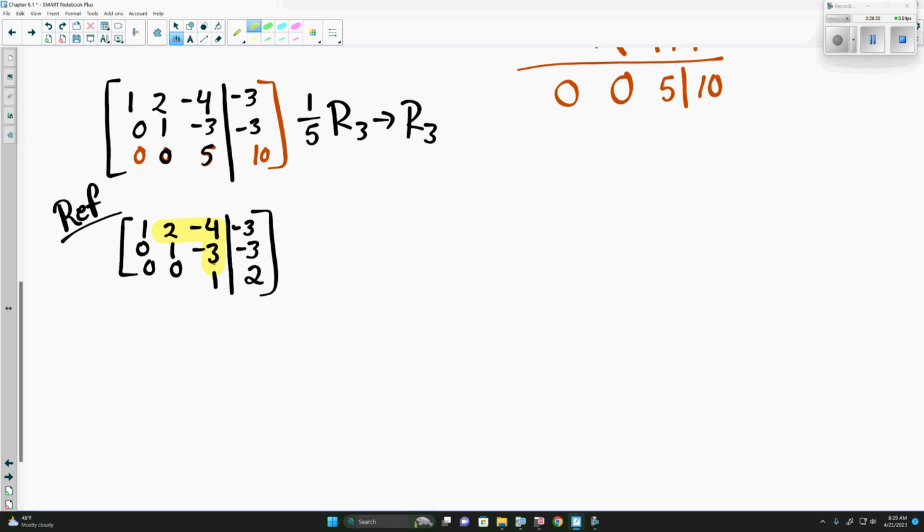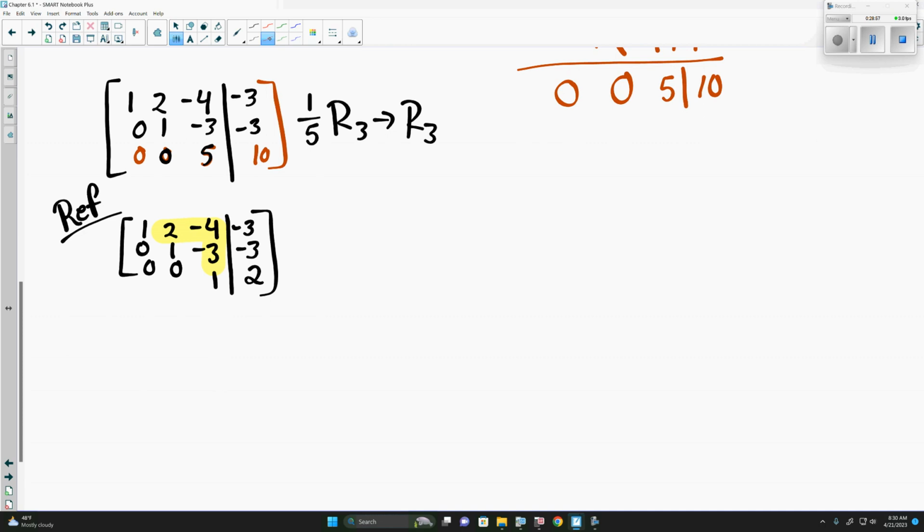So to make the second row's negative 3 be 0, I'd multiply row 3 by 3 and add it to row 2, which would give us a 0. Then I could do the same thing with row 1. I can multiply row 3 by 4, add it to row 1 to get the negative 4 to be 0. After doing that, I can take row 2, multiply by negative 2, add it to the first one to get it to be 0. We can keep manipulating it to get there. But any questions on how we got to this point here?